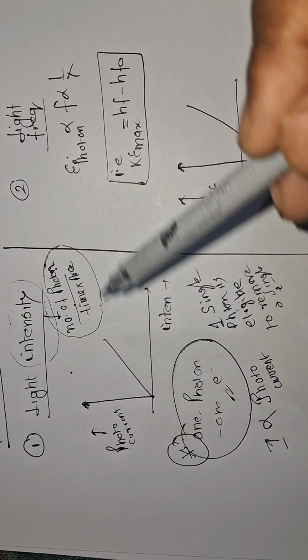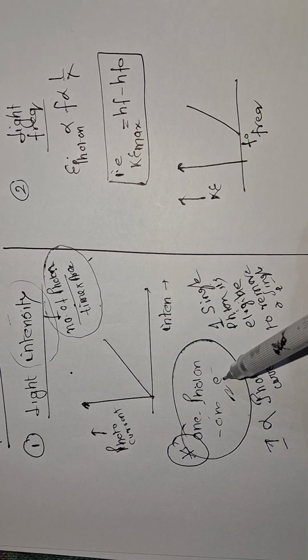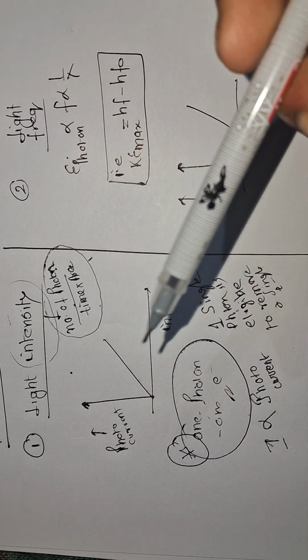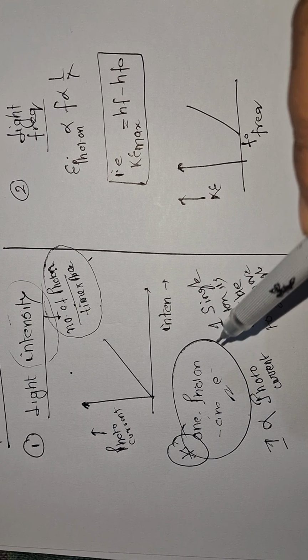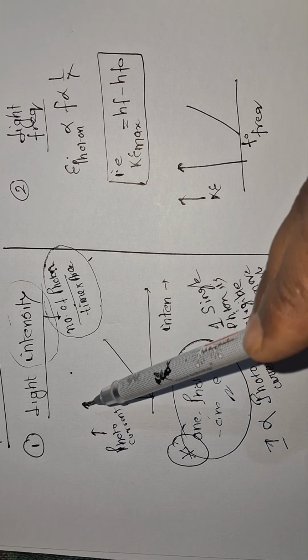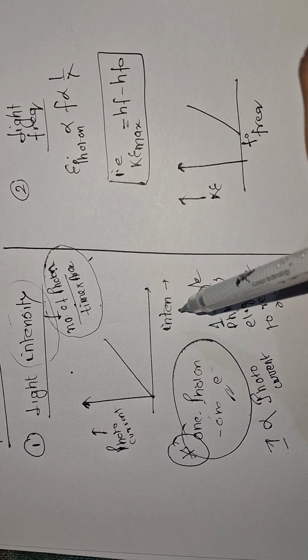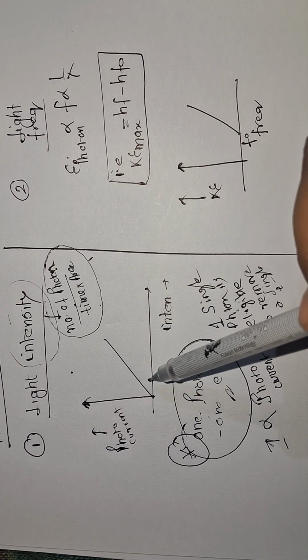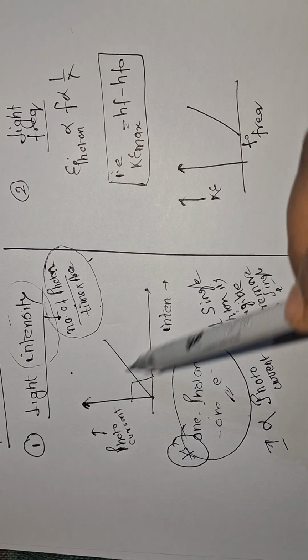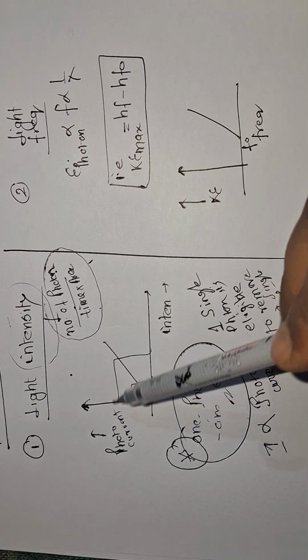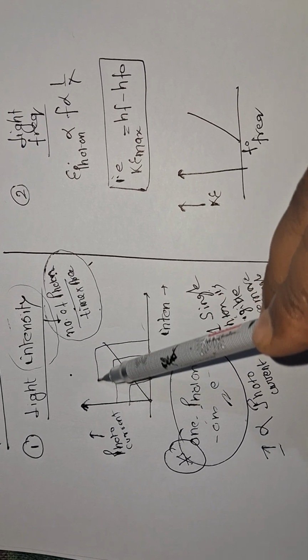And respecting one photon one electron, if we increase the number of photons, there will be a net increase in the electrons, as shown in this graph. As you can see, on the y-axis I took photocurrent, on the x-axis the intensity. As we increase the intensity, you can see the photocurrent is increasing. I hope you are clear.